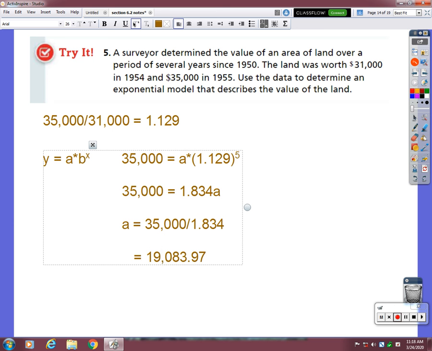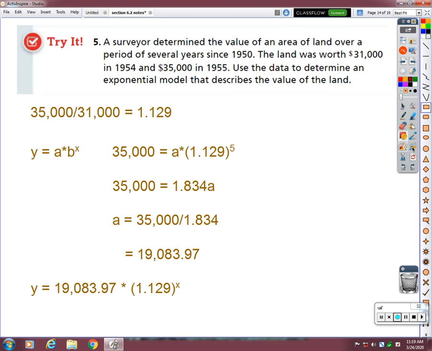Okay, so that means my final answer would be y equals a, which we just figured out to be 19,083.97, times 1.129 to the x. So this is our final answer right here.